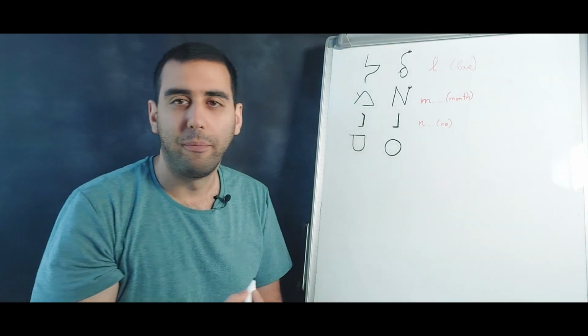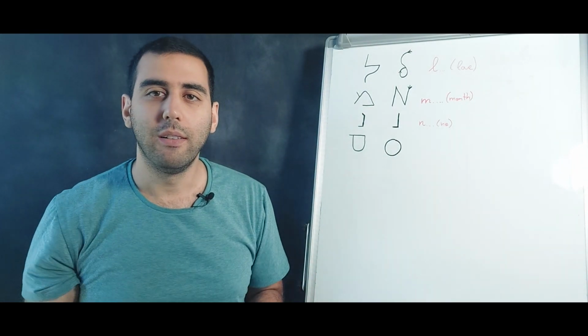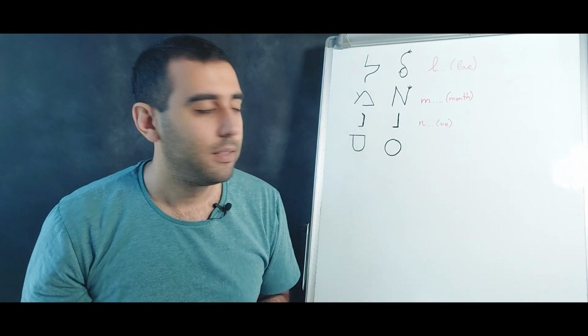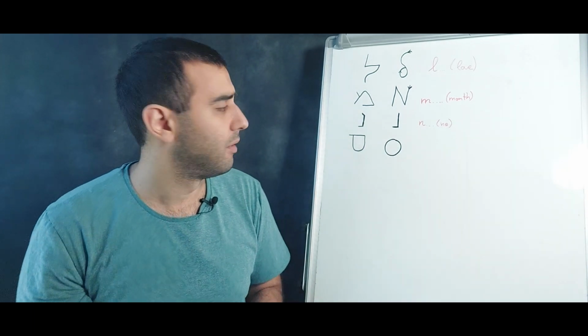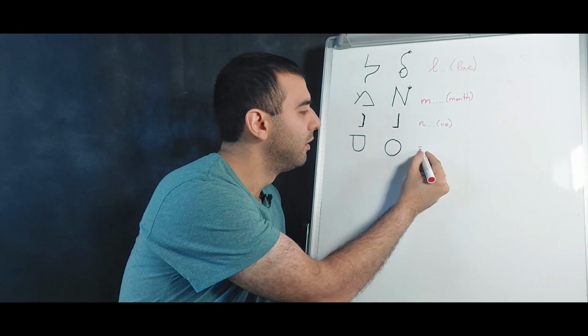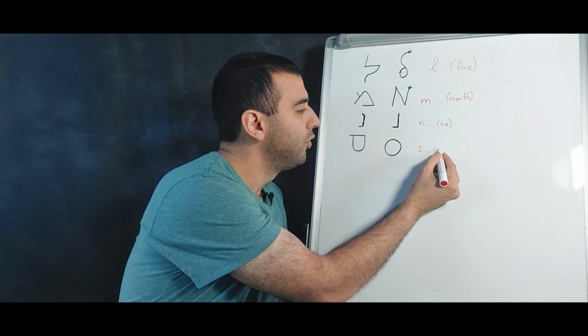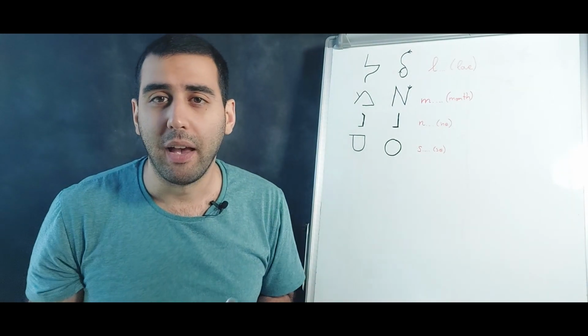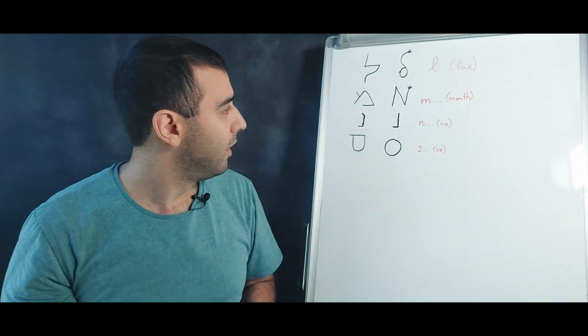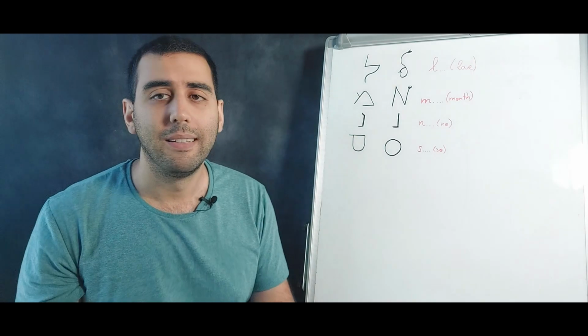It's just a circle. So the circle is samech, and it's pronounced like S, for example, in the word so. It's just a simple S.